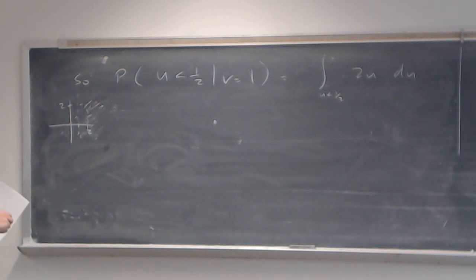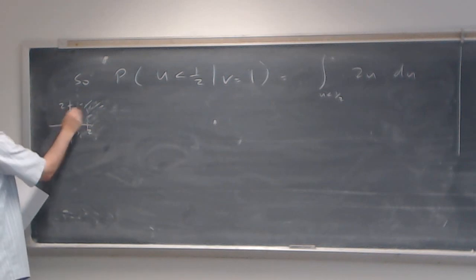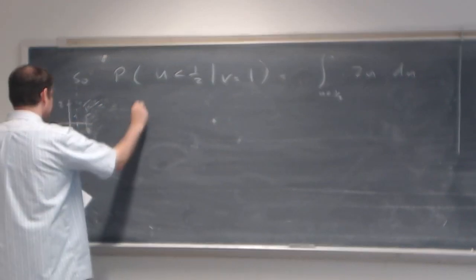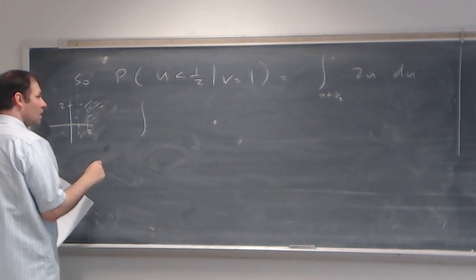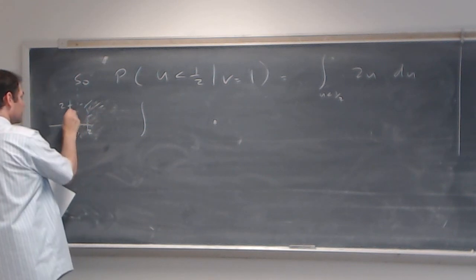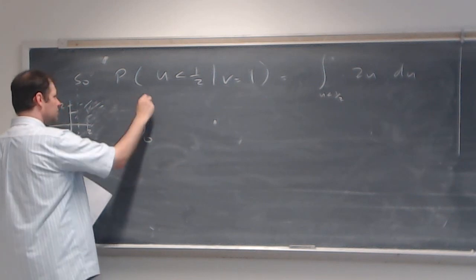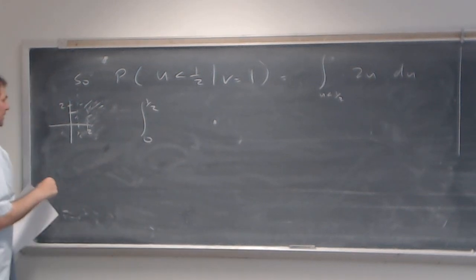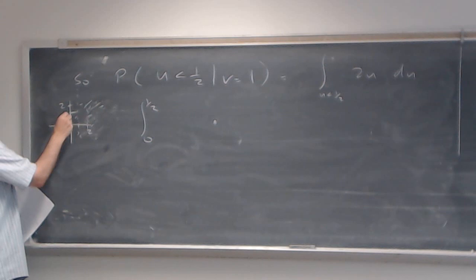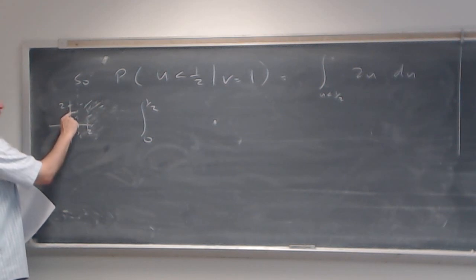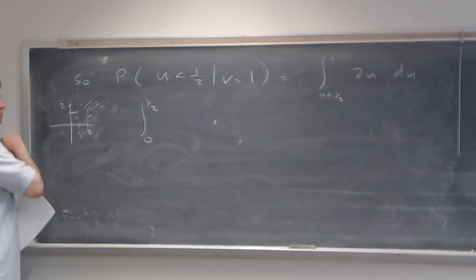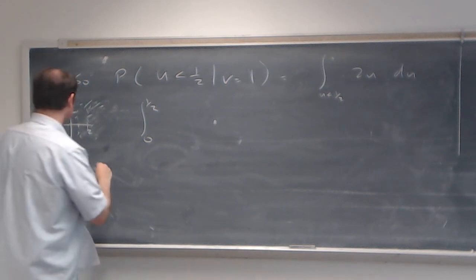So we're integrating over this region, and we know v is equal to 1. So really it's like this line integral here. We have from 0 to 1/2. So for v equal to 1, just over this region, the u values run from 0 to 1/2.